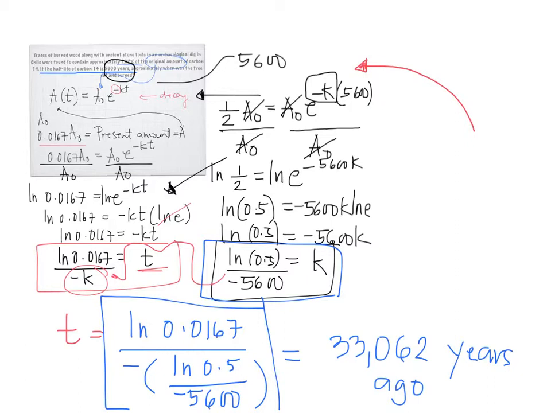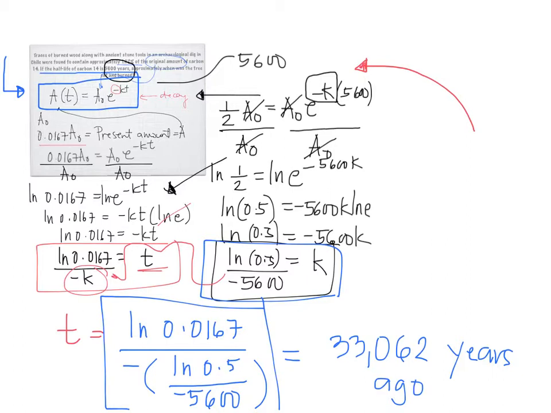The key skills that you need are, first, to recognize what kind of problem this is. In this case, it's an exponential decay, so you'll be using A of t equals A sub 0 e raised to negative kt, and then put in the values that you know.